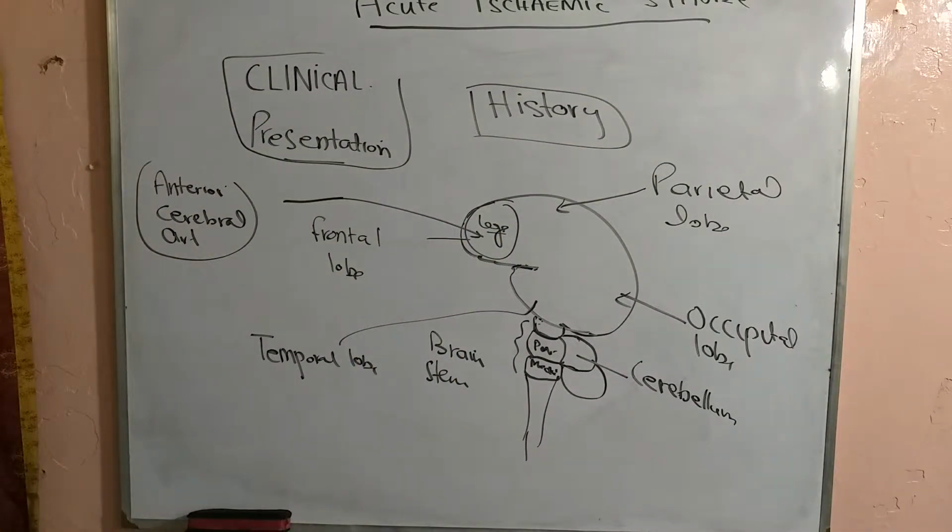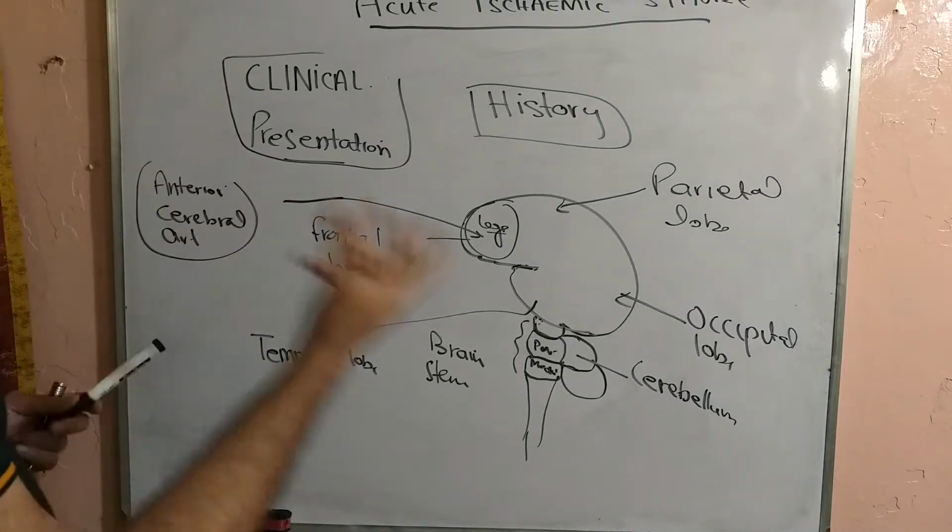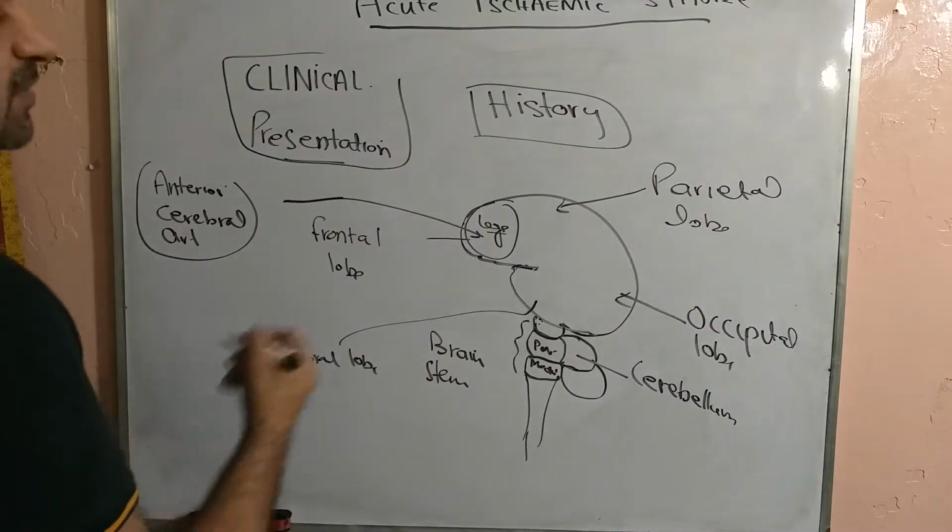So weakness of the lower limbs is more associated with anterior cerebral artery involvement, but with involvement of the middle cerebral artery, upper arm weakness is the major manifestation.